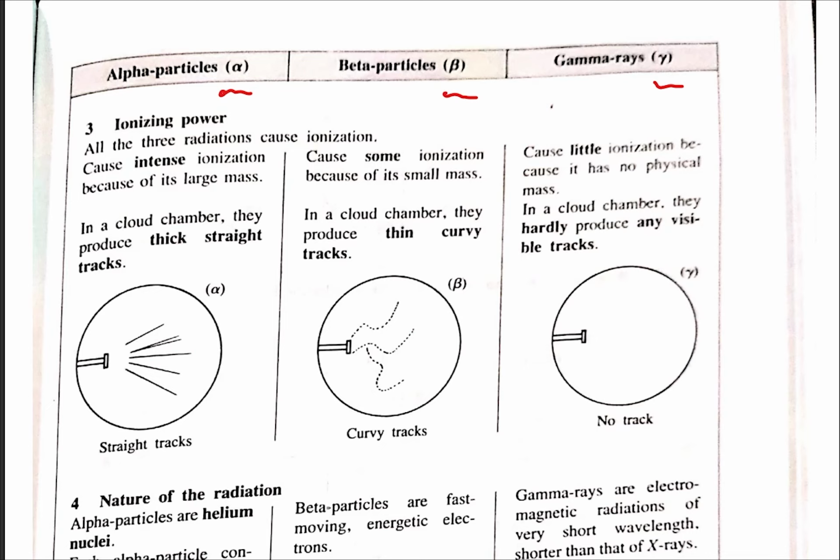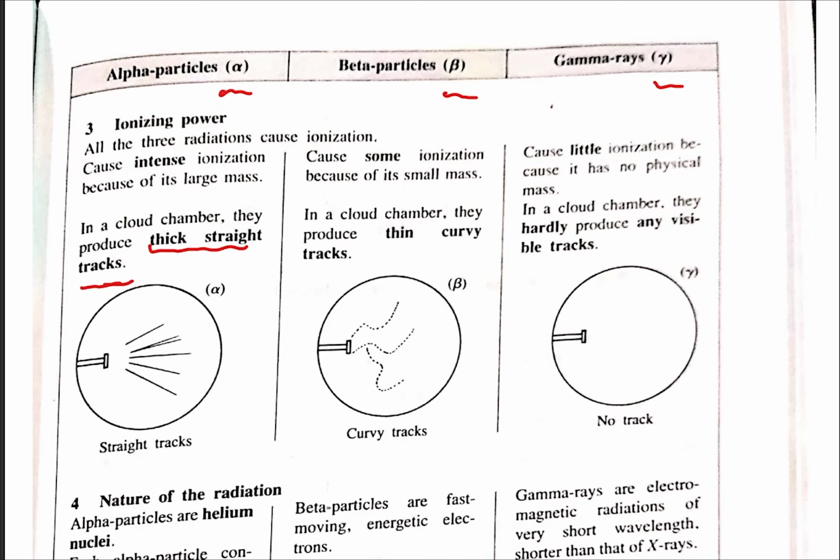The cloud chamber is under low pressure with a low concentration of alcohol vapor, and the tracks that we see are because of the radiation moving through the cloud chamber. It's a transparent glass container that has these conditions. So what we see for alpha is thick straight tracks, or thick straight lines.